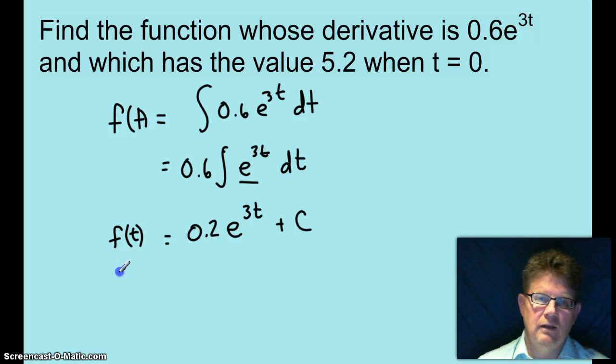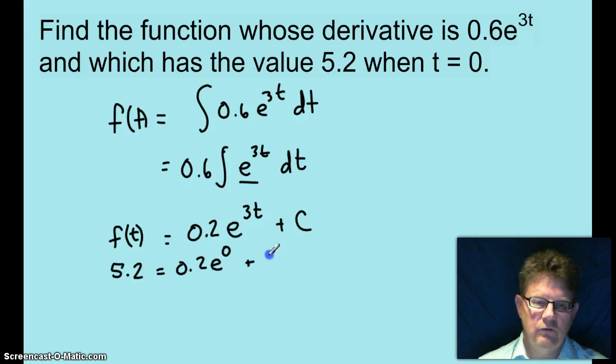Alright, and let's see here. When t is 0, the value is 5.2. So 5.2 equals 0.2 e to the 0 power plus c. Alright, that would just be 5.2 equals 0.2 plus c. c equals 5.